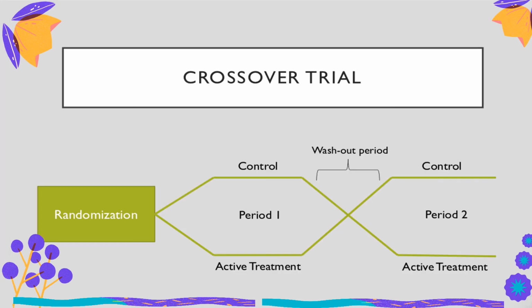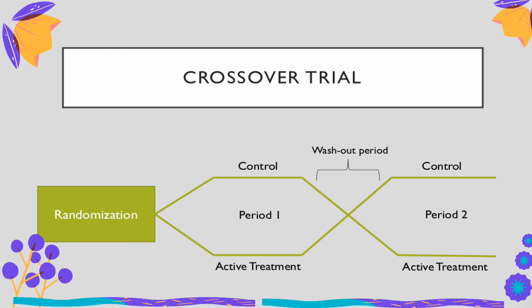The process of crossover trial is presented in the diagram. After randomization, the first group for control and the first group for active treatment is assigned and period 1 will begin.